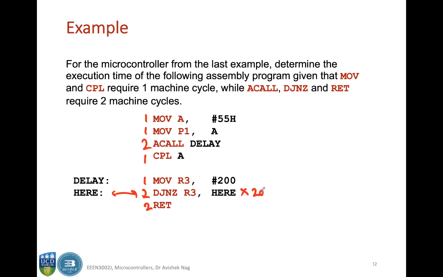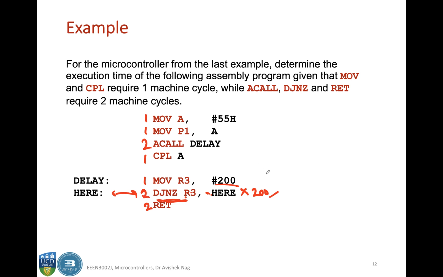So 200 times whatever this instruction takes, which is 2 machine cycles, because R3 contains 200 and DJNZ R3 here means it stays in this line until your R3 goes to 0. So this operation DJNZ R3 takes place 200 times. So this should be 2 into 200.